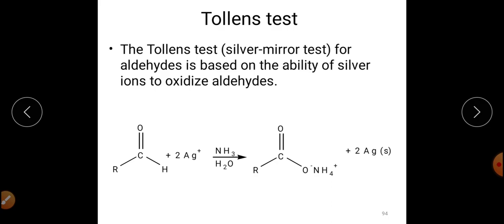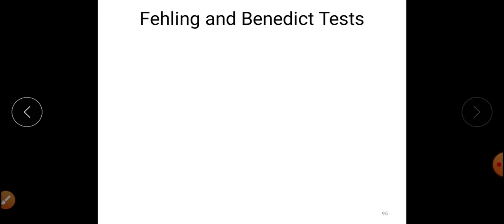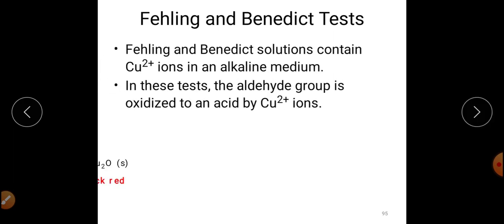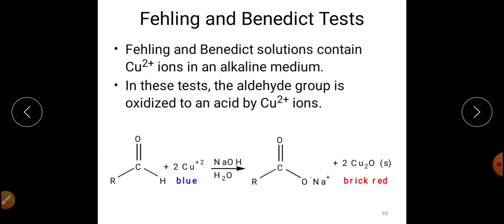Whether aromatic or aliphatic, both compounds can undergo this test and deposit a silver mirror.